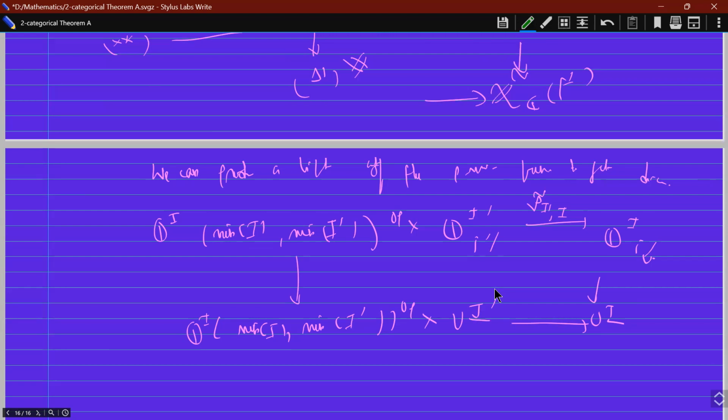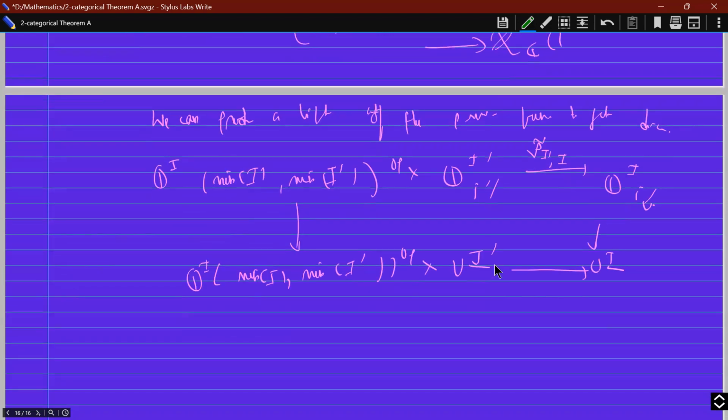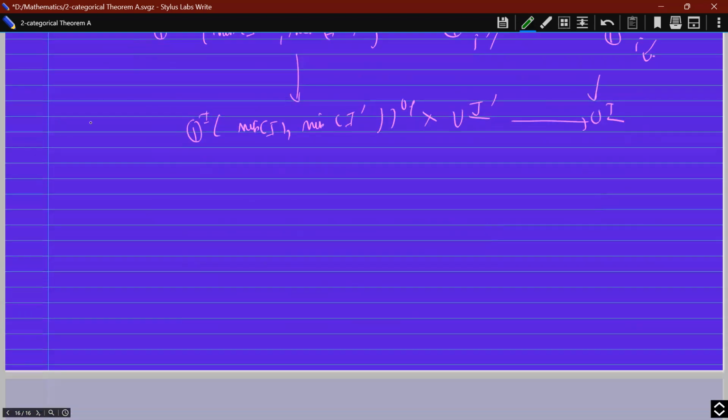Anyways, using this, for an inclusion, we get a coefficient of simplicial sets, which looks like this.